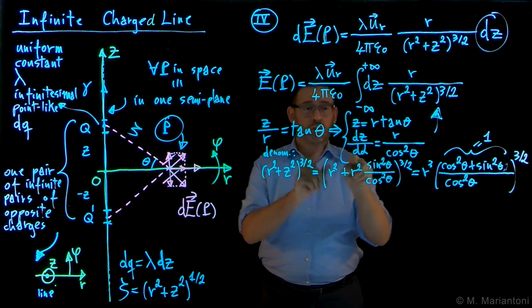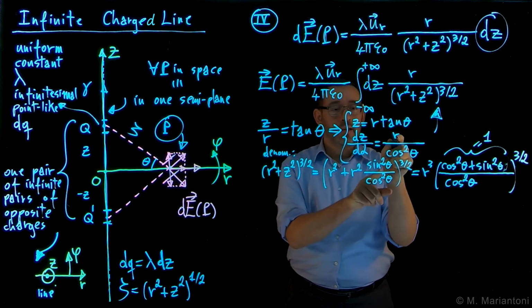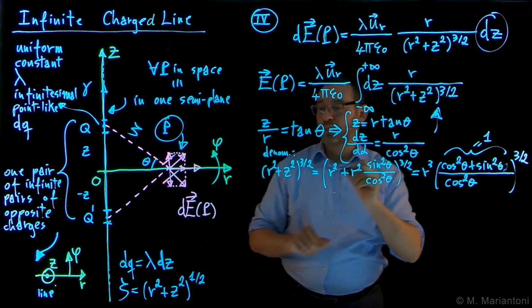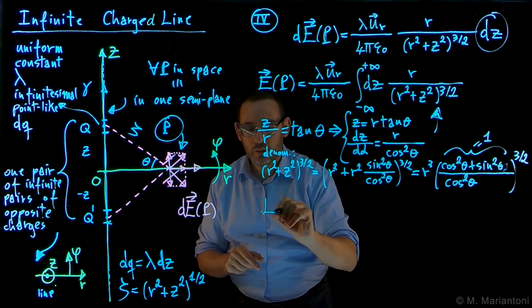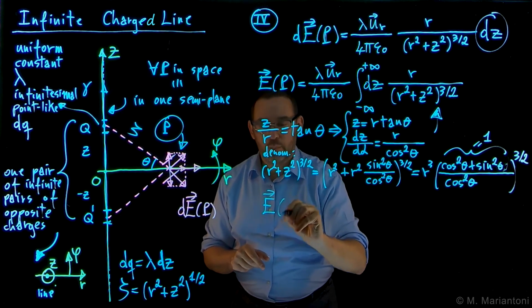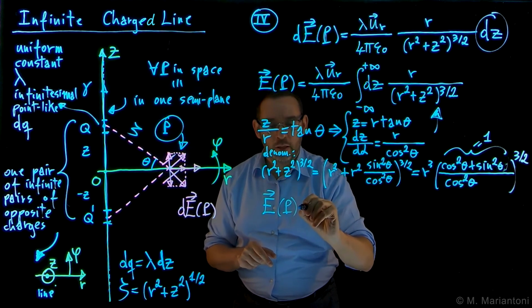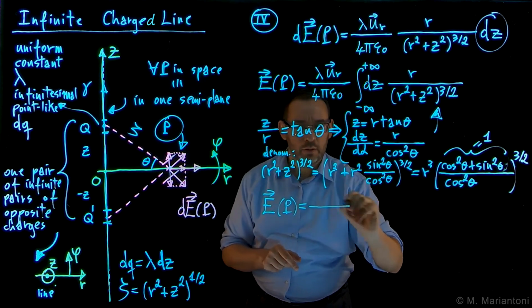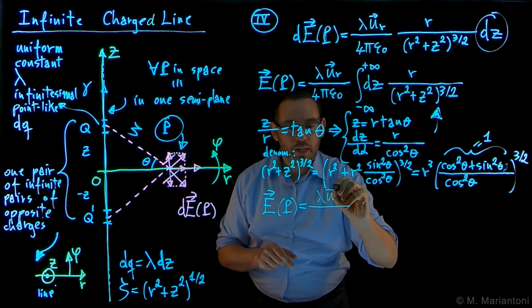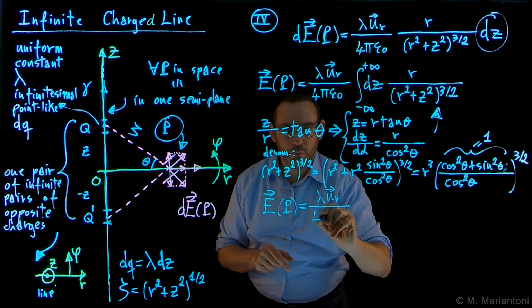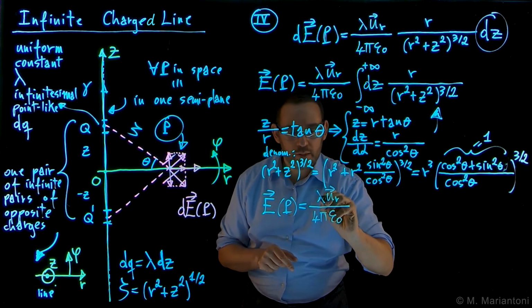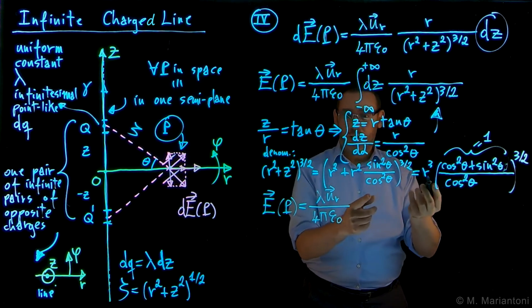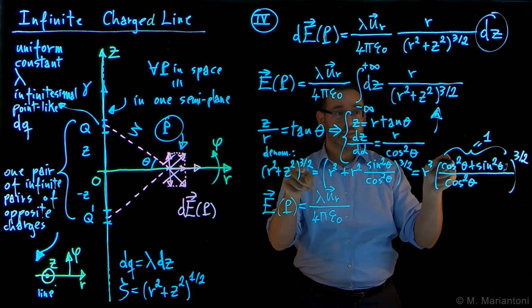Okay. We also know that dz is r over cosine square, which times another r gives us E at point capital P equal lambda u r divided by 4 pi epsilon naught. Okay. So now here, let's remember that this is in the denominator.